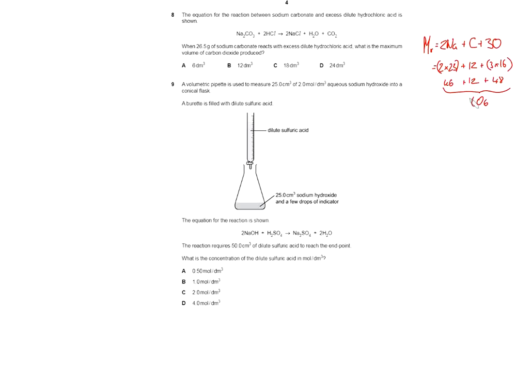We have 26.5 gram. So we know molar mass is equal to mass over moles. We are looking for the number of moles. That means 26.5 over 106, and that should be around about 0.25, a quarter.